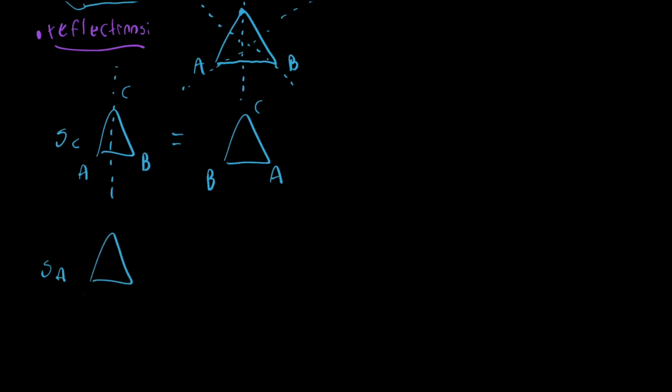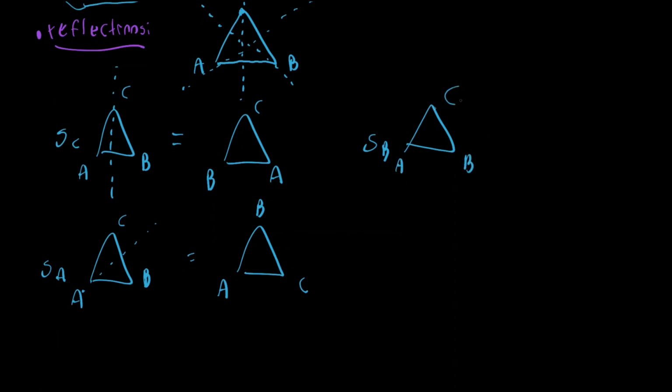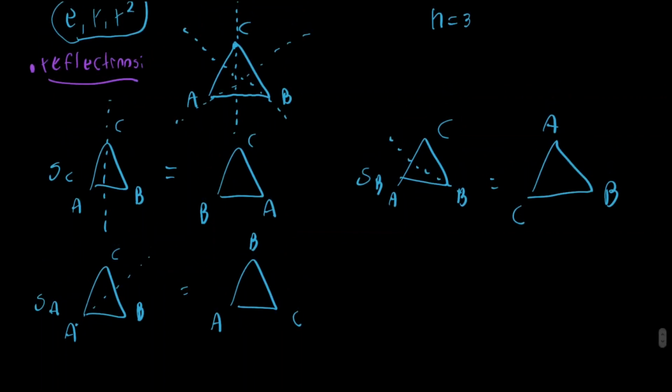SA will be the reflection around this axis. And what will it be? Well, it will be ABC, like this. And then SB, around this axis, the result is CAB. Notice that all these triangles are different.